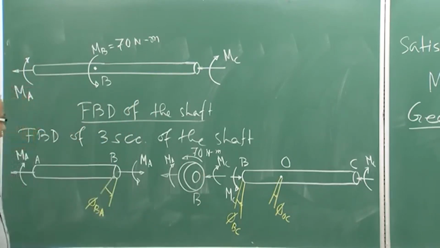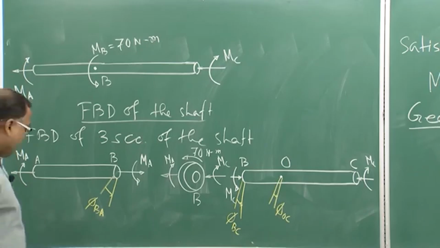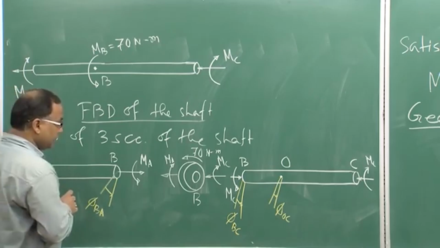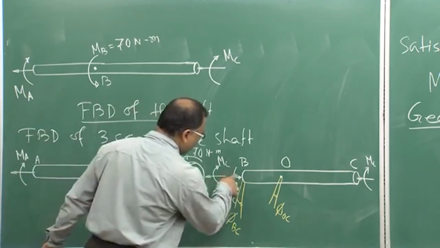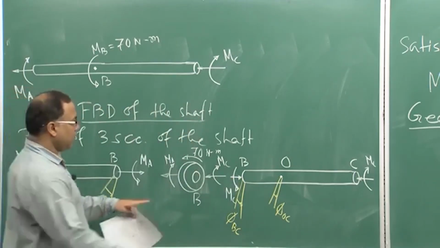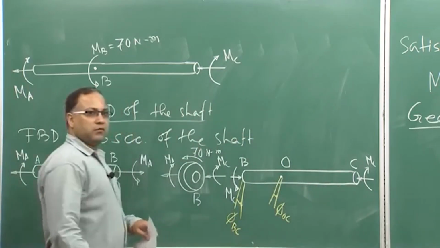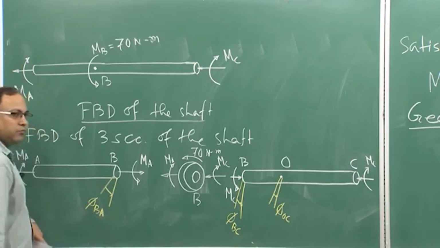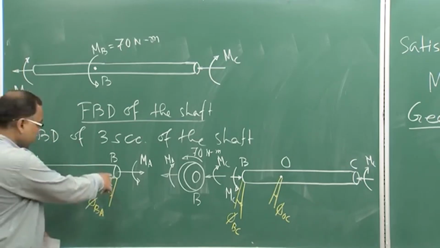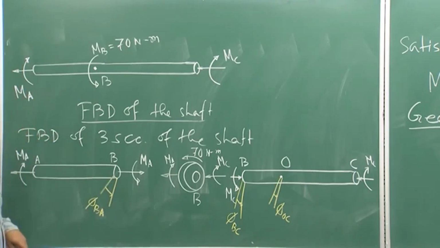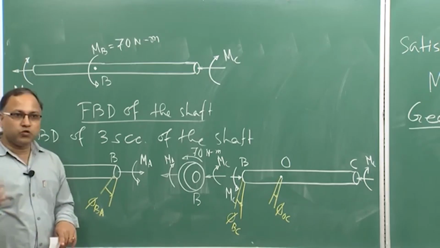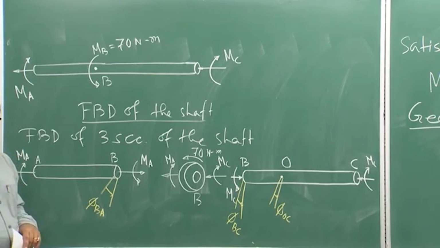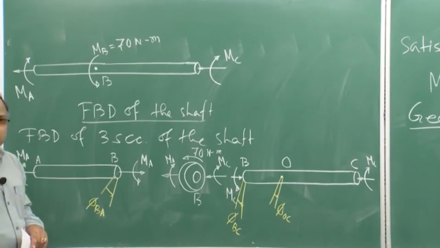Now therefore I can say that whatever twist you are getting at this point B of this shaft, okay, the same amount of twist you must get at point B of this part of shaft, right, to satisfy the continuity. So phi BC must be equal to phi BA, isn't it?